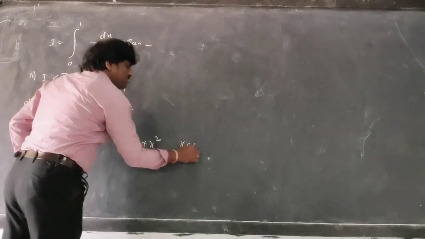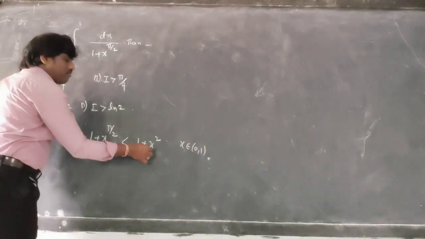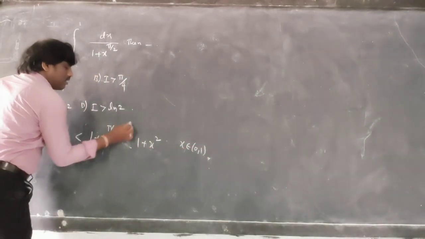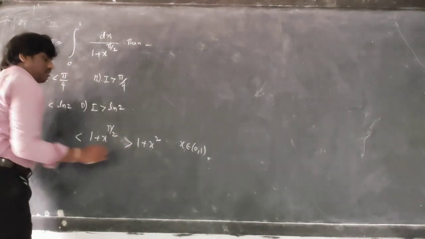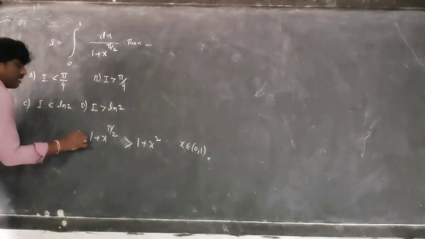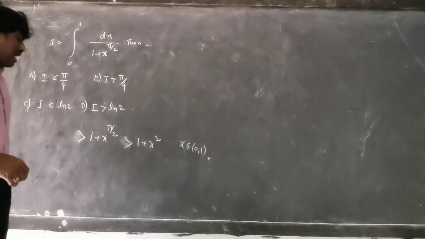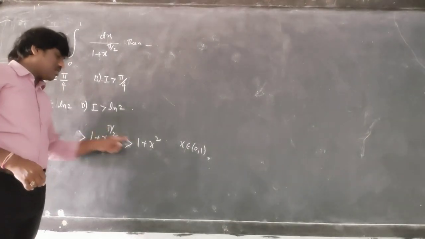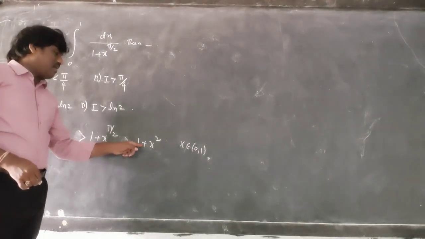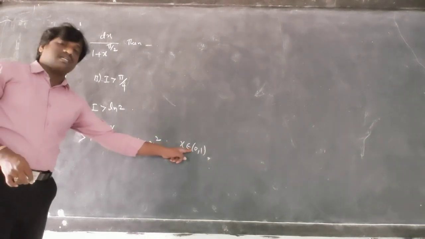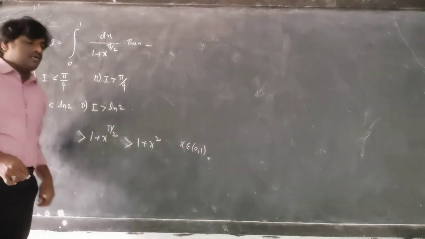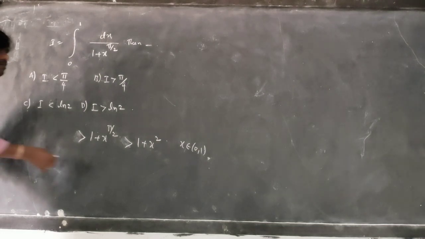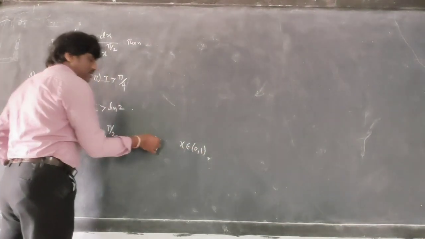When the interval is 0 to 1, this value will be lesser, right? So this value is more than this value, because 1 plus x square in the interval x belongs to 0 comma 1. 0 comma 1 means it is a fractional part, right?